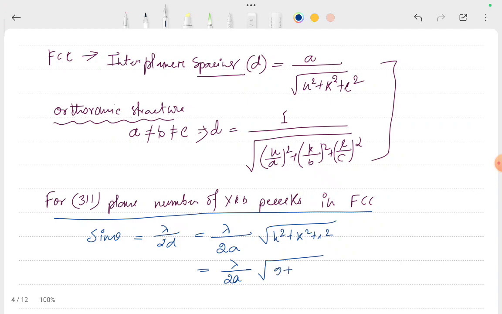So 9 plus 1 plus 1, that is equal to lambda upon 2a into root 11. Thus only one peak appears. Lambda here is fixed, and a is also fixed, right?